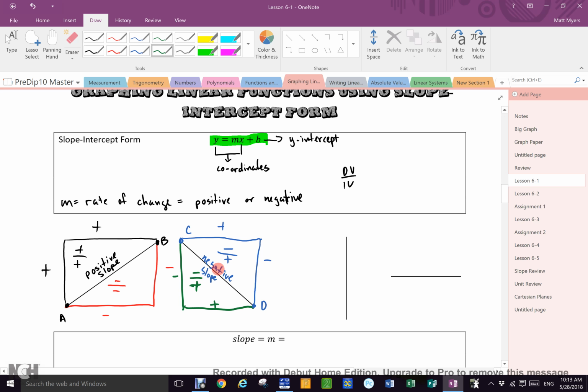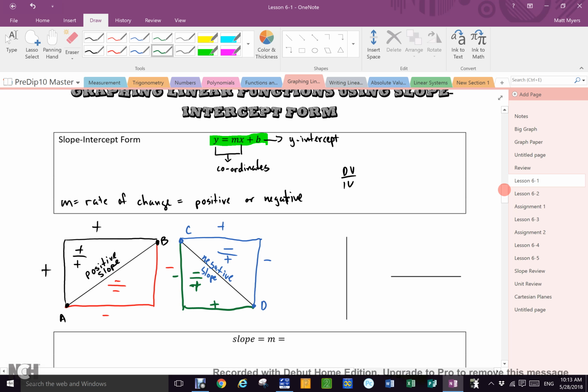Does everyone understand? All right, we have drawn two lines today on graphs. Are they positive or negatively sloped? They are both positively sloped. Excellent. What are their slopes?